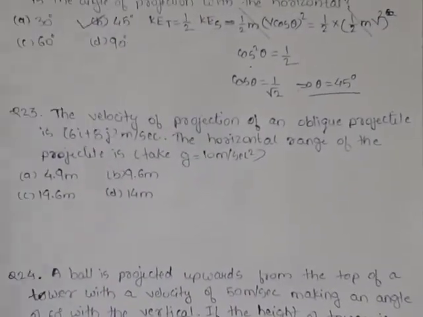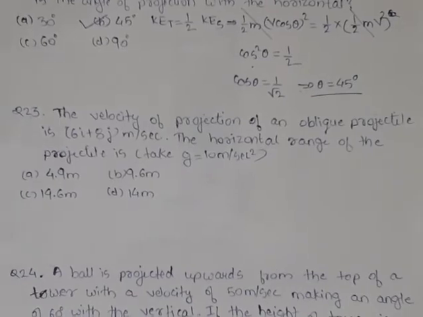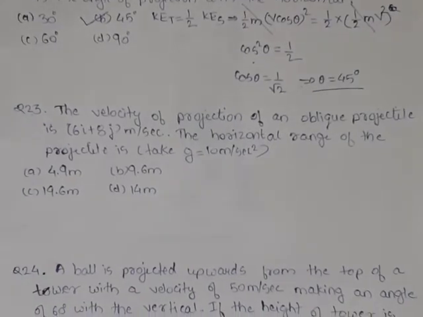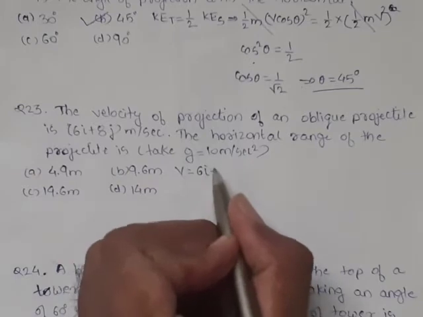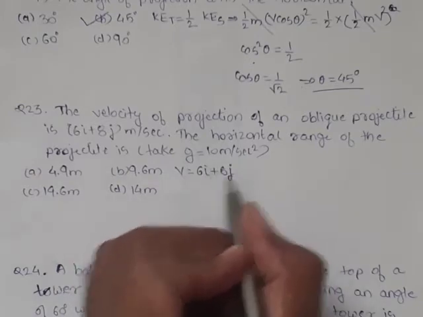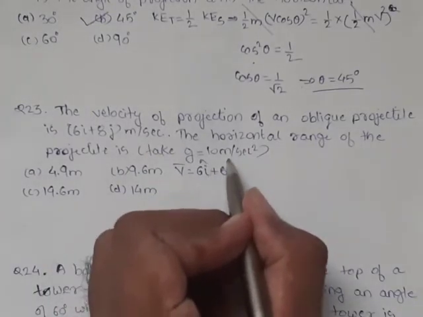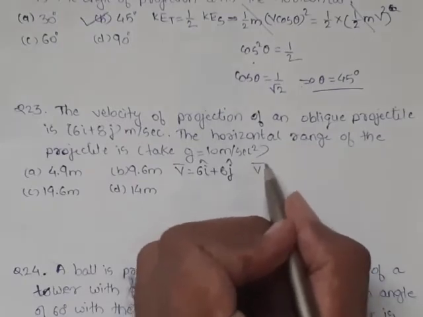Question 23. The velocity of an oblique projectile is 6i plus 8j meter per second. The horizontal range of the projectile is? So here velocity is given as 6i plus 8j. It is given in vector format, so we will find its magnitude.